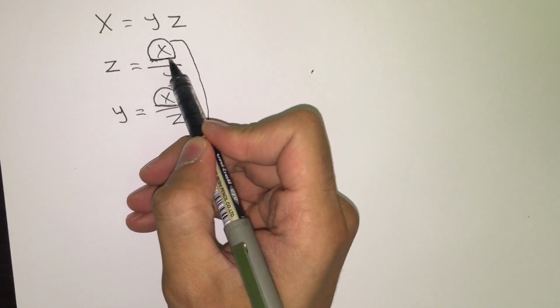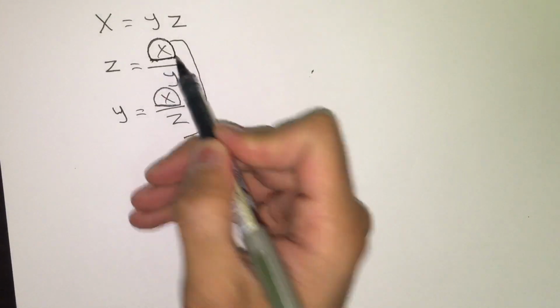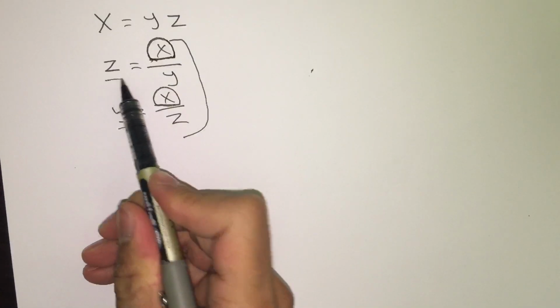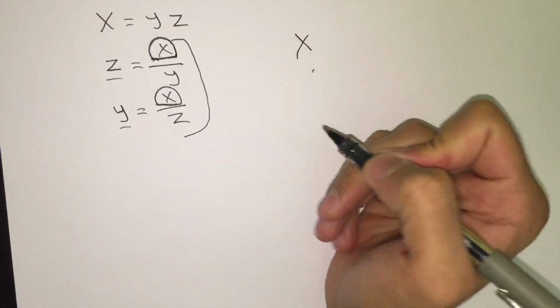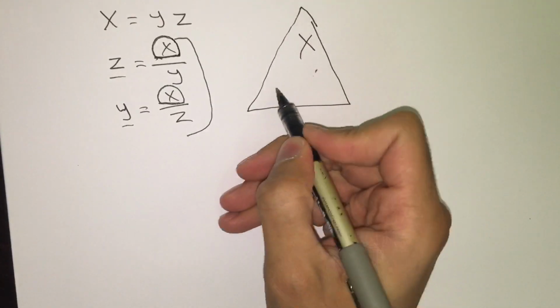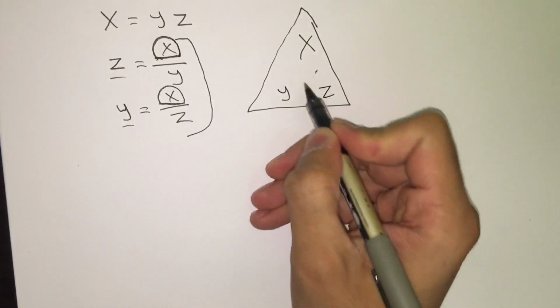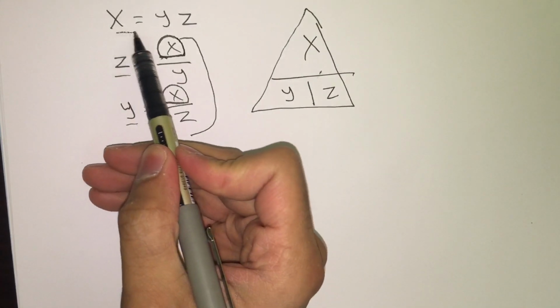It is always in the numerator. It's never in the denominator, no matter what is the value that you're looking for. So you just take the x and put it on top of the triangle, and what's left goes at the bottom, y, z.